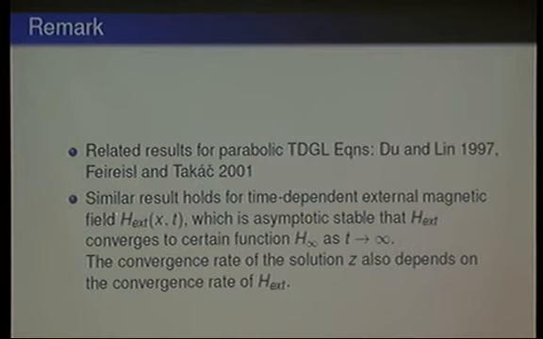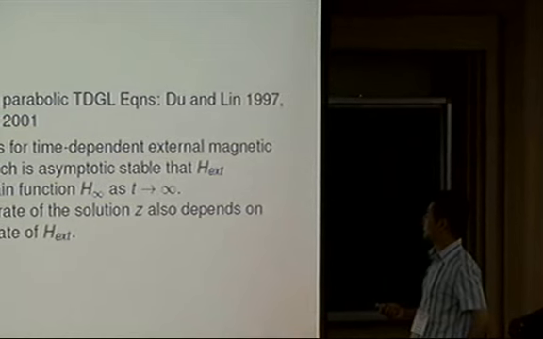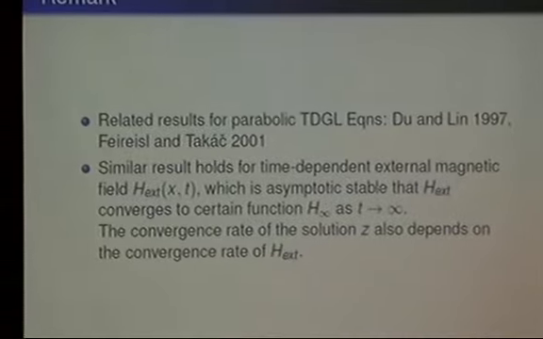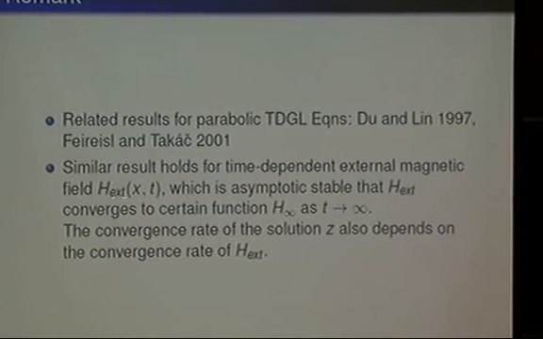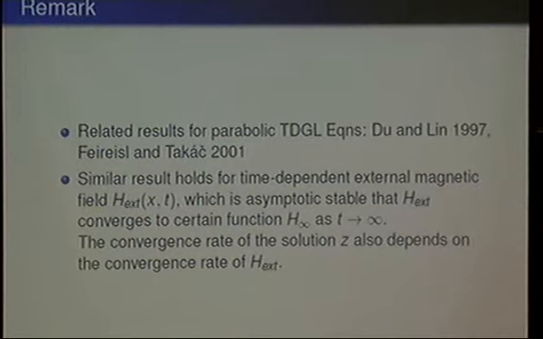I have mentioned that for the sake of simplicity, we just assume that the external magnetic field is time independent. However, our results hold for a time-dependent external magnetic field, provided that this external magnetic field is asymptotically stable, namely, it itself converges to a certain function as time goes to infinity.